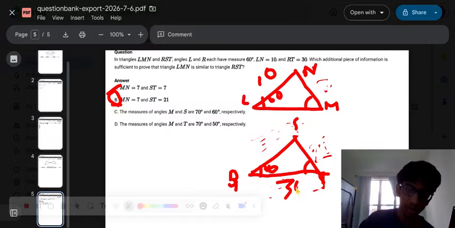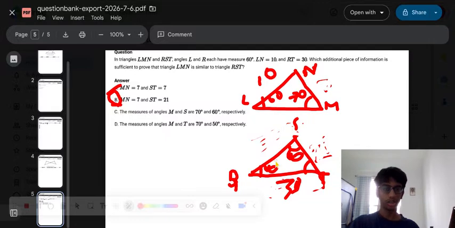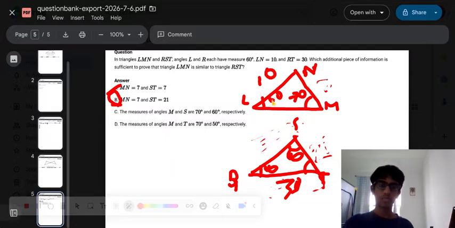If you have both of these angles equal to 60, and M is equal to 70 and S is equal to 60, would this work out? No, it would not, and the reason is the angles of the triangle. We have 60 and 70, and 60 and 60.